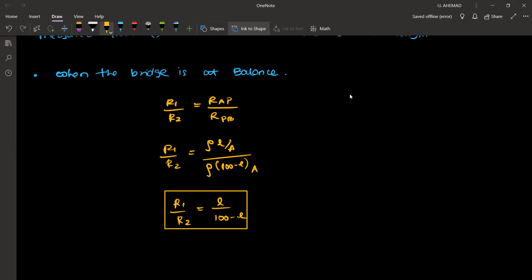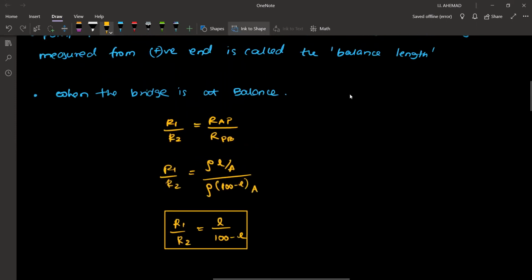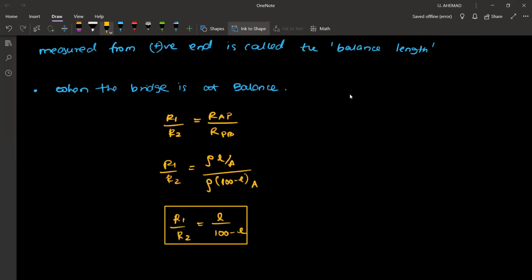Okay, noted after this. When you go through the book, you must be able to try the questions on the Wheatstone bridge.